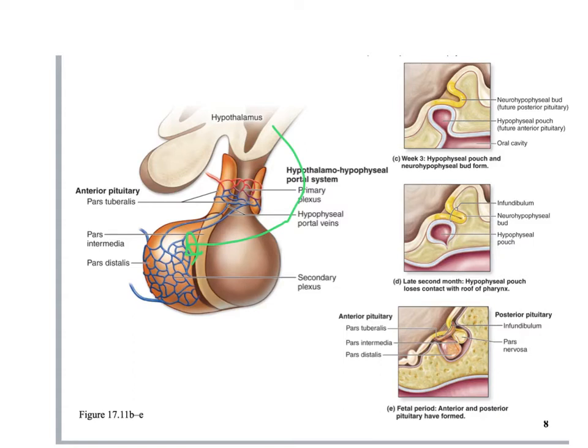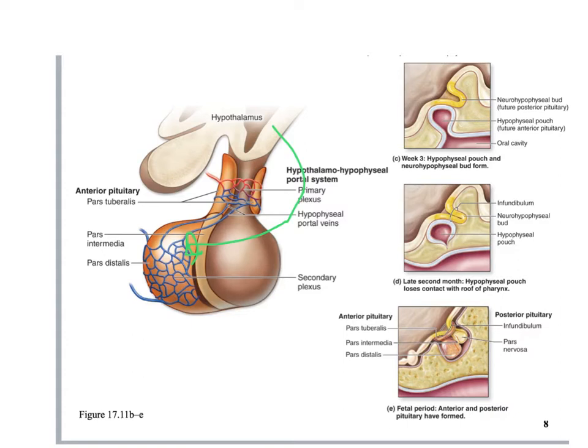We're going to produce a hormone in the hypothalamus, and it's going to get to the anterior pituitary by this portal system. So structure and function. The function of the hypothalamus is to help control the anterior pituitary. The structure of the blood vessels allows it to happen.